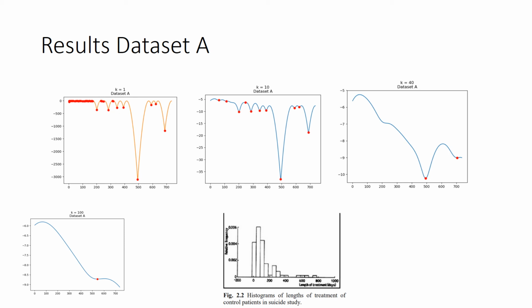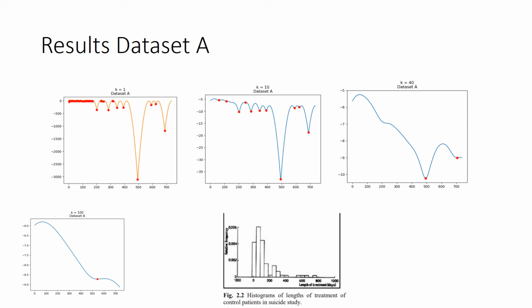So for the dataset A, if we start with k equal to 1 or below, you have this weird shape in which you have a lot of single-valued intervals, which is not very interesting, because if you have one interval for each value, it's not a group, it's just the individual on himself.